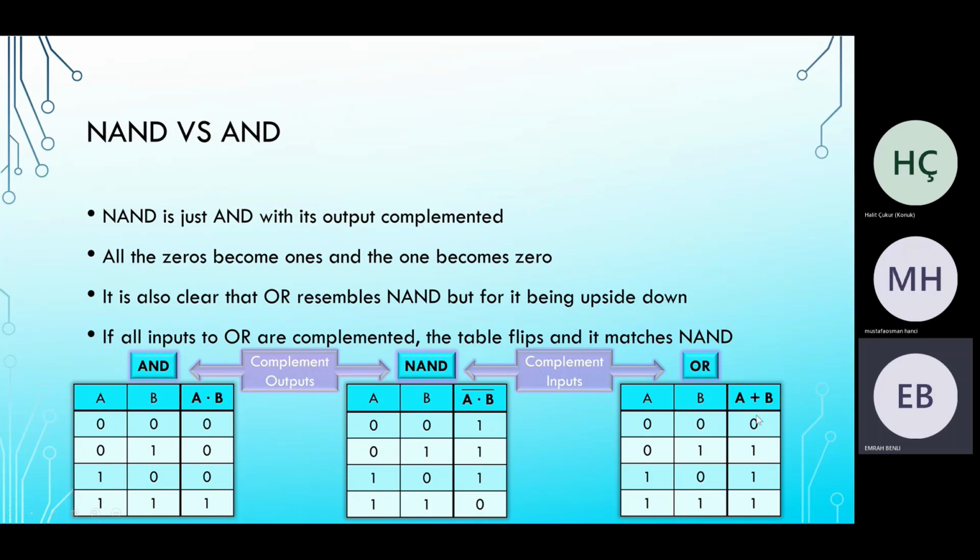This one is upside down of this: the bottom one went up and the top one went down. So if we flip the table, it matches NAND. Complement of A and B will be equal to A or B if we flip the table.